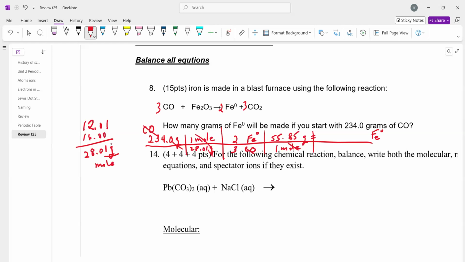How many sig figs should the answer have? 4. And you'll have one of those in the test as well.